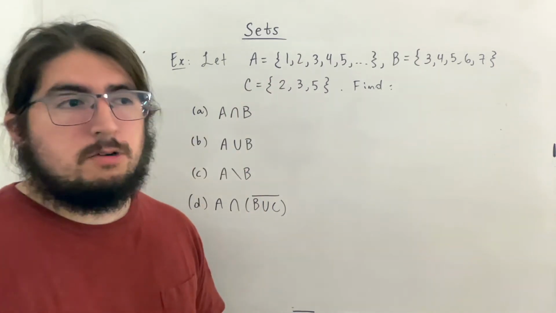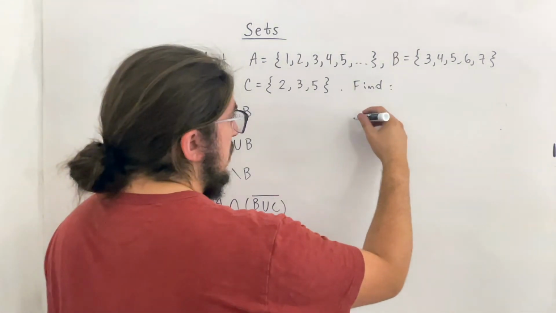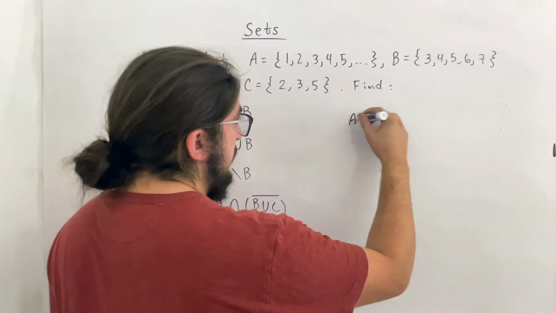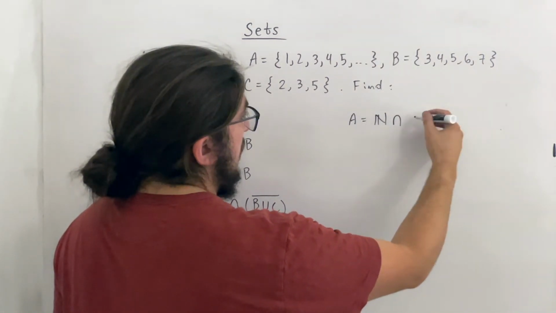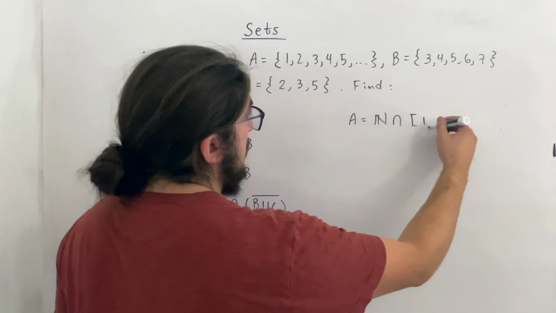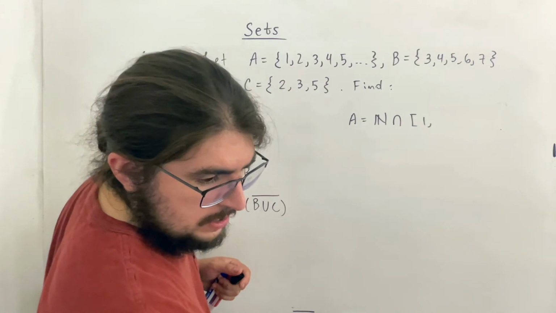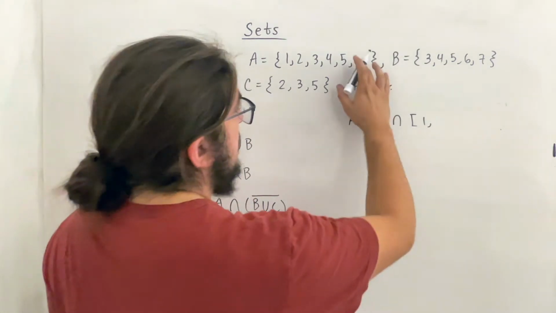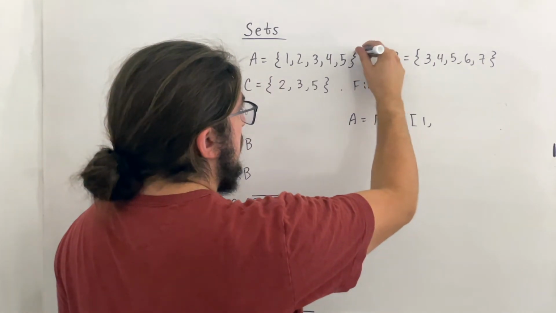using our notation of special sets. So for example, I can call A the intersection of the natural numbers with the interval 1 to 5. There shouldn't be a... I'm sorry, my mistake, it ends at 5. Sorry about that.